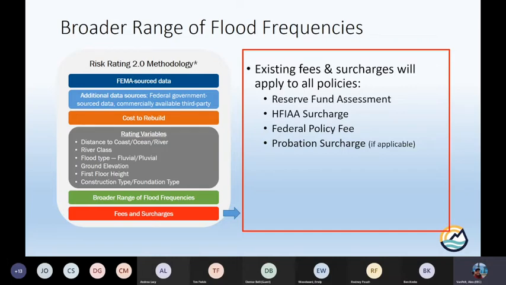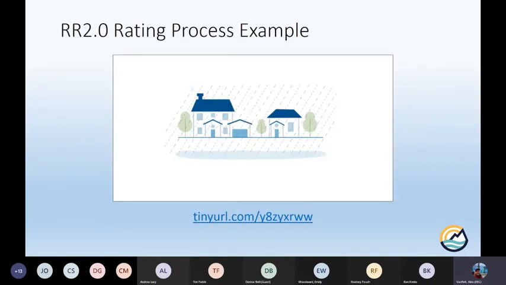Okay. The last thing I want to show you before we get into our break, guys, FEMA has put together a really simple, straightforward, 3 or 4 minute long YouTube video where you can go and see how the rating engine is going to work for the insurance agents themselves.